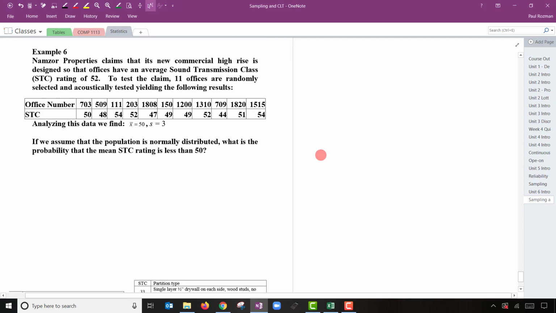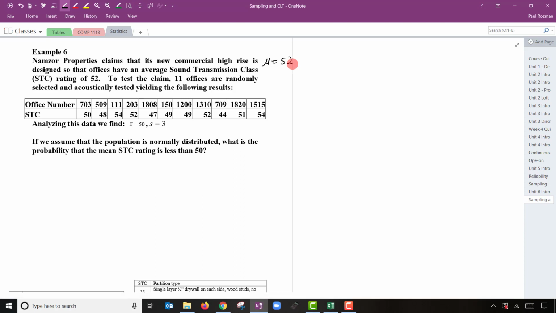A little example here. NAMSOR Properties claim that their offices have an average sound transmission class rating of 52. They have a mean rating of 52. I don't think there are units on that.